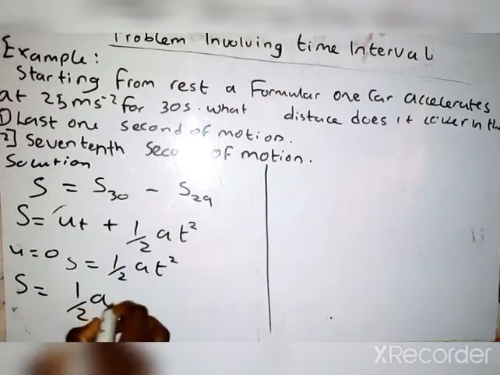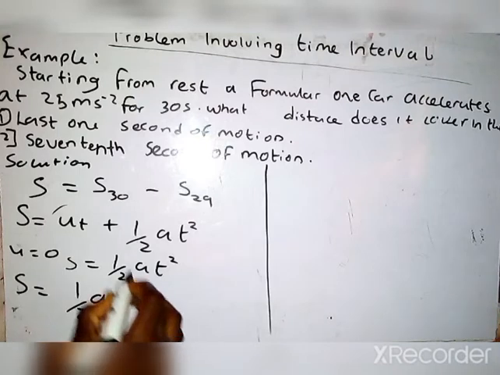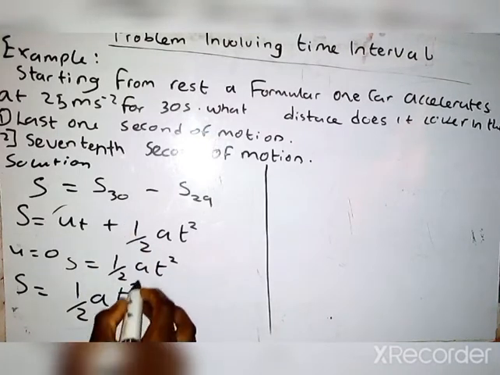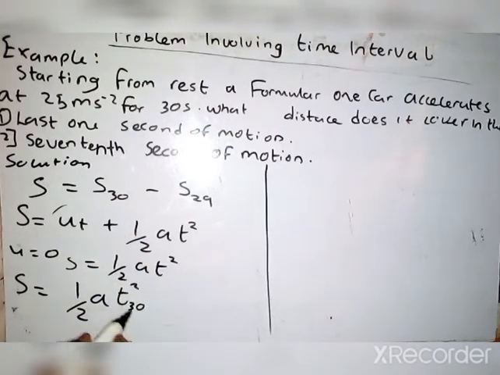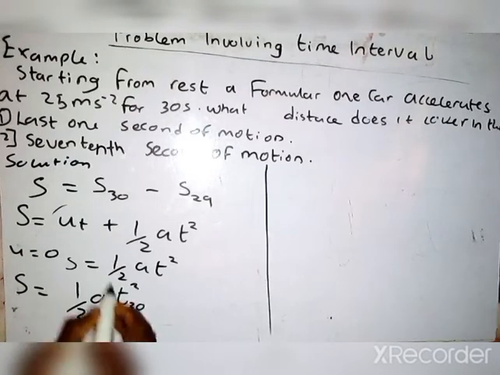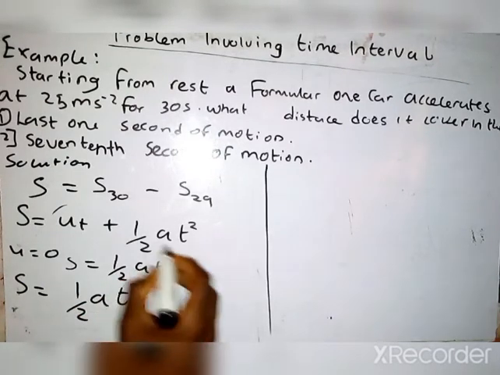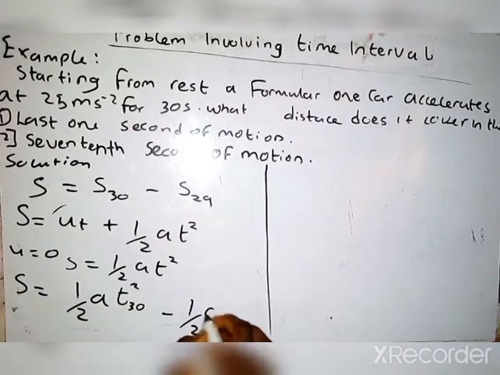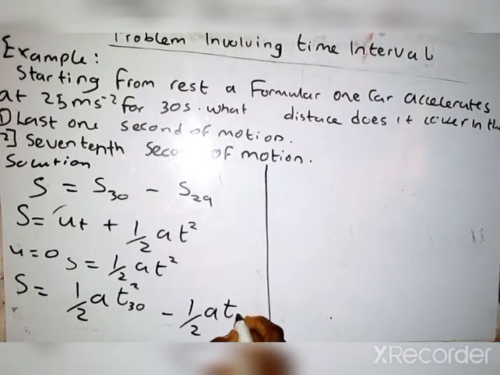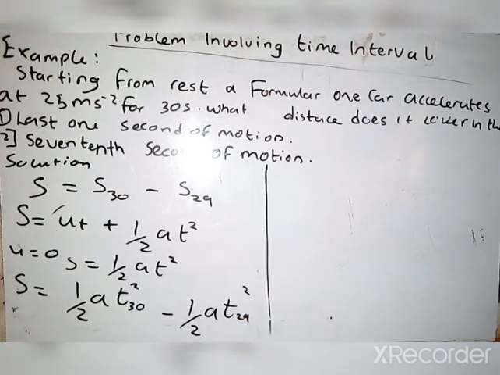S30 will be 1/2 A T30 square, that is the time when it is 30 seconds, minus 1/2 A times 29 seconds square. So this is just it. We can factorize from this place.